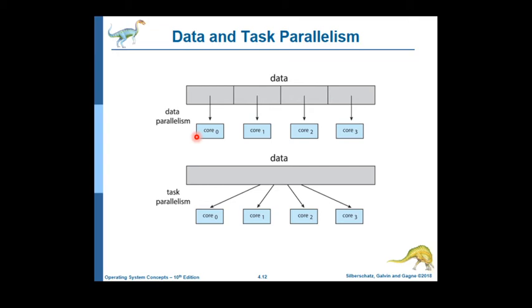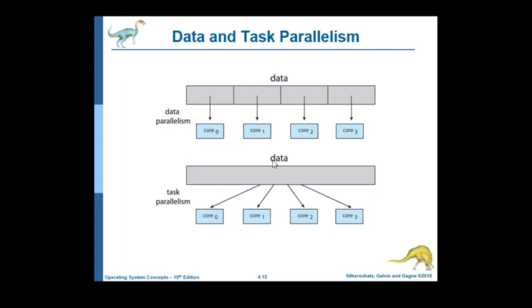While on a dual core, for thread A running on core 0, it could sum element 0 until element n divided by 2 minus 1, while thread B, running on core 1, could sum element n divided by 2 until element n minus 1. So the two threads will be running in parallel on separate computing cores.